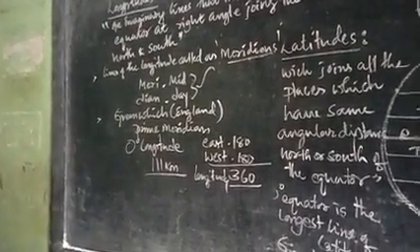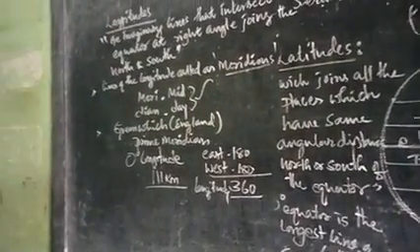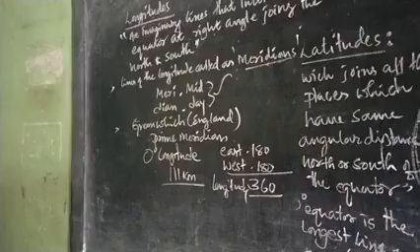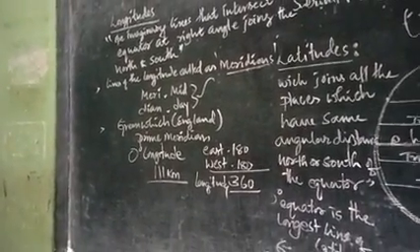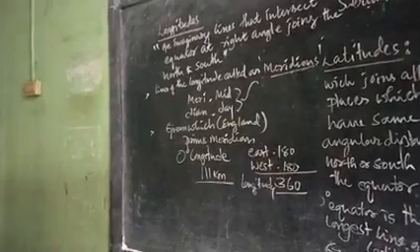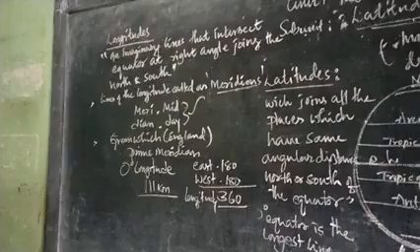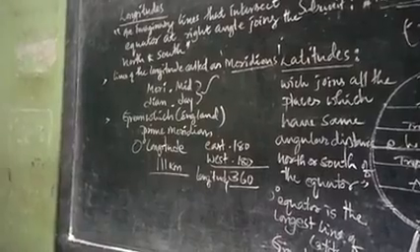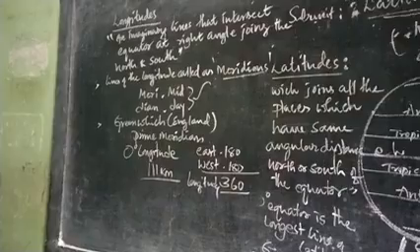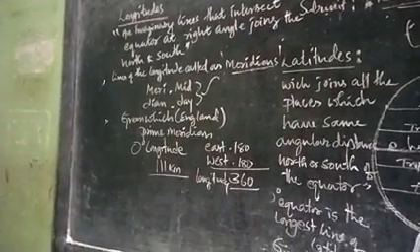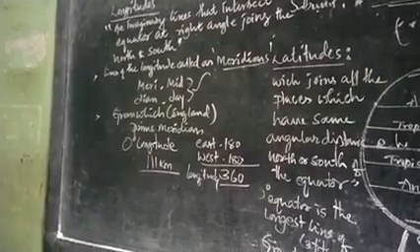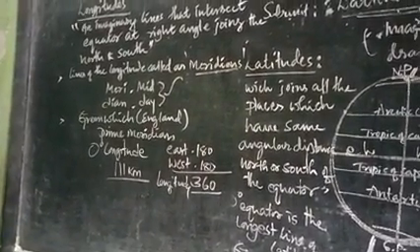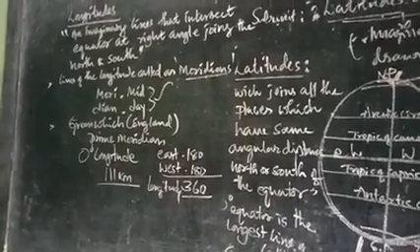So the meridian passing through Greenwich, which is in England, has been chosen as the prime meridian. It is marked as 0 degree longitude. There are 180 longitudes to the east of Greenwich and 180 to the west. Thus there are 360 longitudes. The zone between the prime meridian and 180 east longitude is called the eastern hemisphere, and the opposite zone is called the western hemisphere.